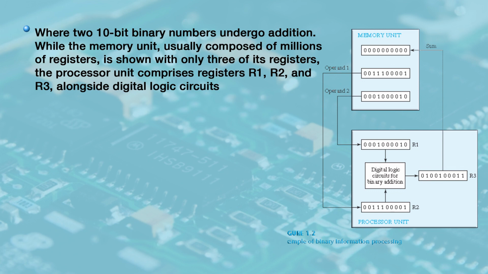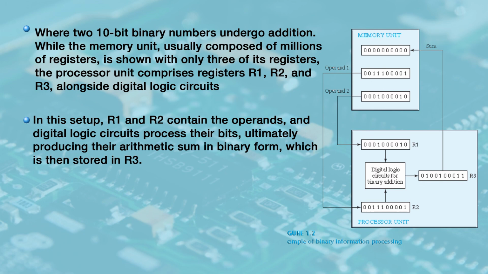The processor unit comprises registers R1, R2 and R3 alongside digital logic circuits. In this setup, R1 and R2 contain the operands and the digital logic circuit processes their bits, ultimately producing their arithmetic sum in binary form, which is then stored in R3.